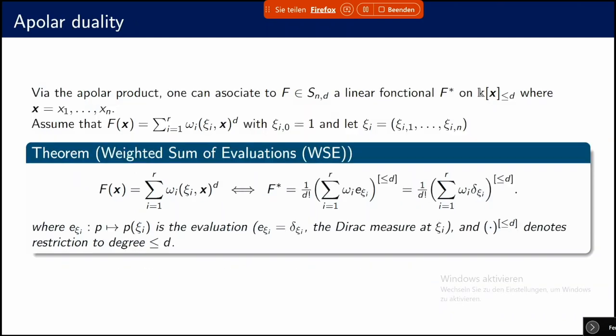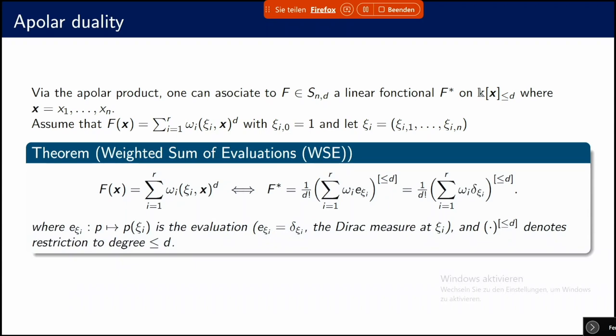As I said before, we want to find the omega i and xi, but if we work directly with f, it will be too difficult because this problem is nonlinear, non-convex and hard to compute. So we can use the apolar product, and we can associate to f a linear functional f star on the ring K[x], where x is the multi-index up to n.